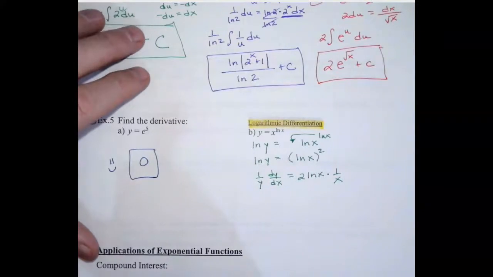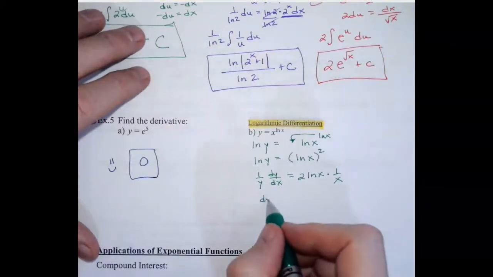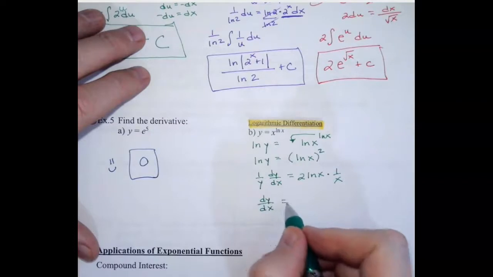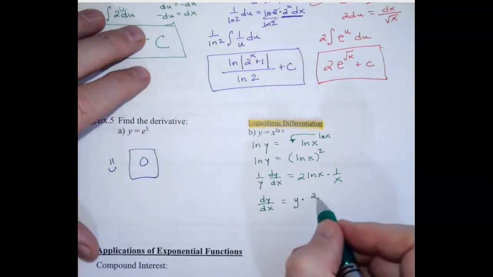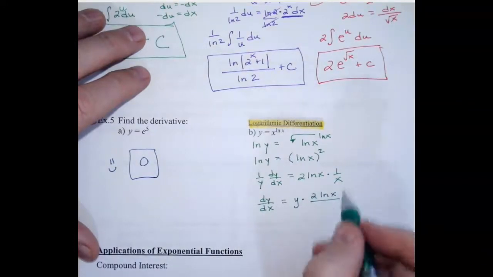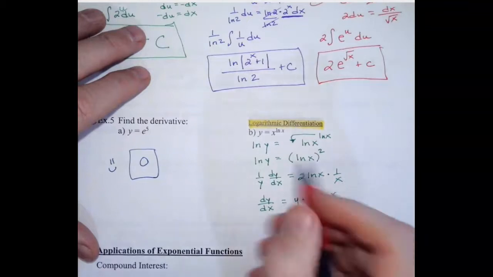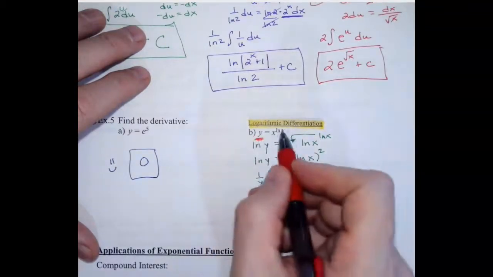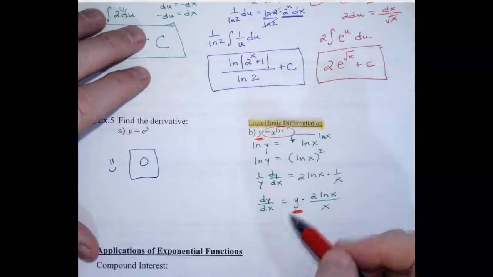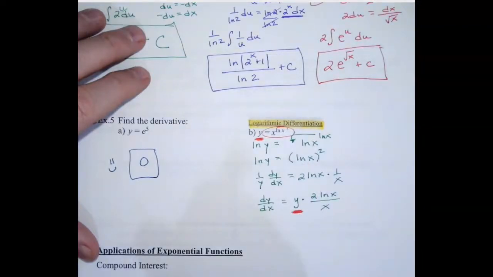So if we multiply both sides by y, we have y times 2 times the natural log of x over x. Now y is actually right here, so we can substitute that in for y.